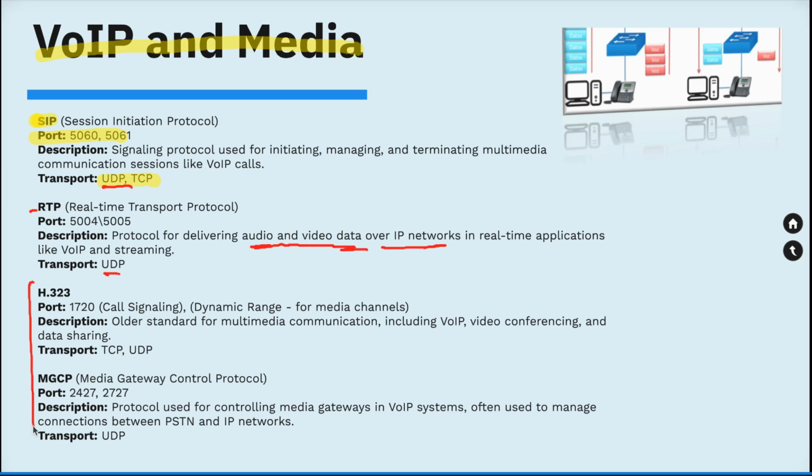We have a standard here of H.323, which is going to be utilizing port number 1720. Now, transport is going to be TCP or UDP. And then we have our last one here, MGCP, Media Gateway Control Protocol. Port numbers 2427 to 2727. And the default transport here is going to be UDP.